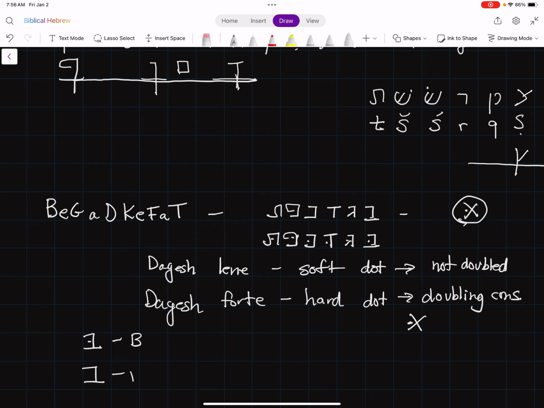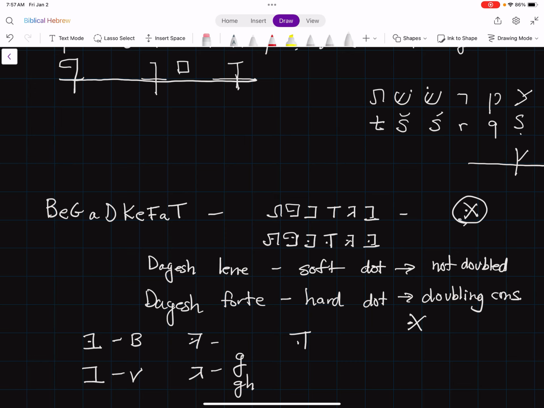Without the Dagesh it is a V sound. Gimel in modern Hebrew does not differentiate between with a Dagesh and without a Dagesh. But in ancient Hebrew, we call it spirantization. So technically, without the Dagesh, it was a soft G sound.